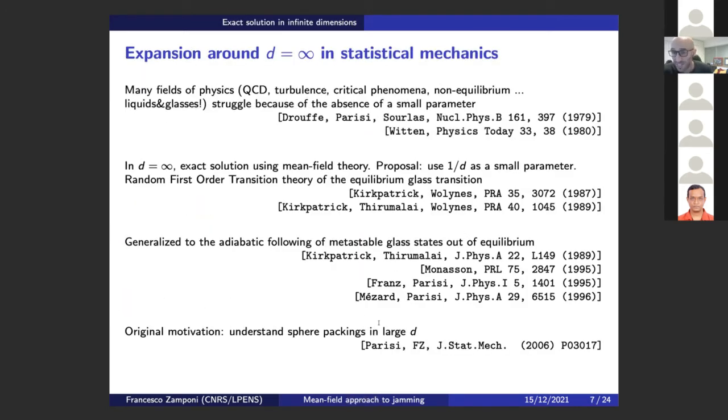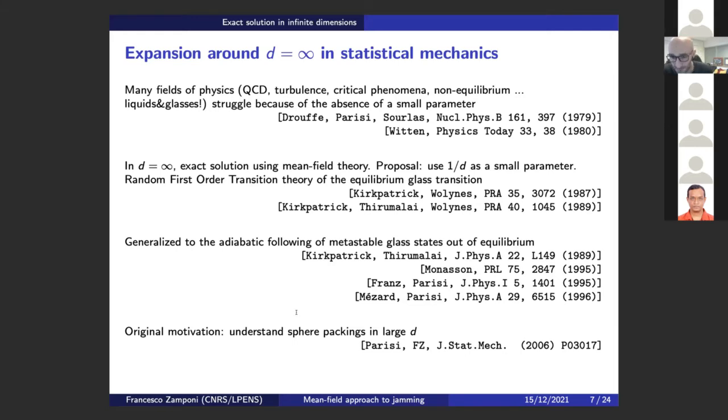When I started working on this problem a long time ago, together with Giorgio, we wanted to apply this machinery to the case of hard spheres. Our motivation was to understand the problem of sphere packings, and in particular what would happen not only in 3 dimensions but also in larger dimensions, for reasons that I will explain later.